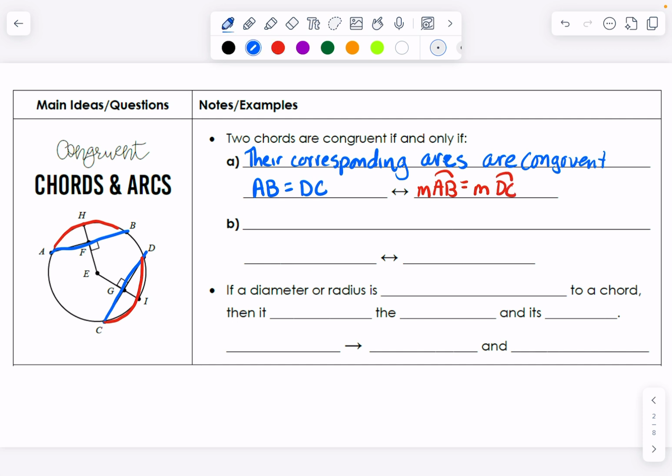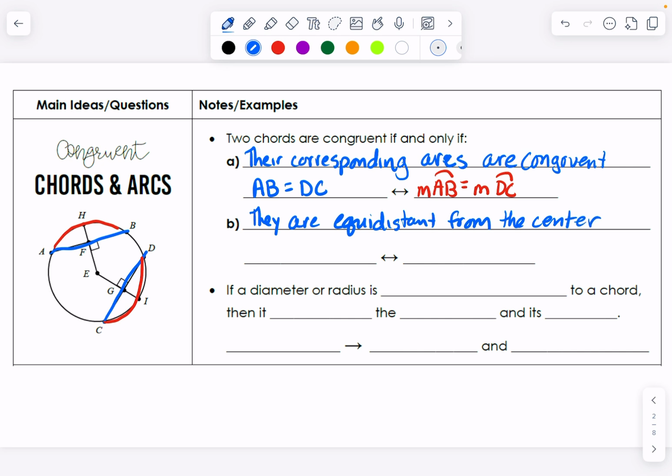Okay. So then the other piece of that is two chords are congruent if they are equidistant from the center. Meaning they're equally distant.